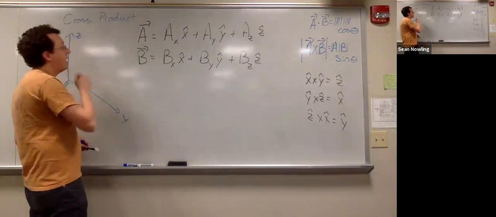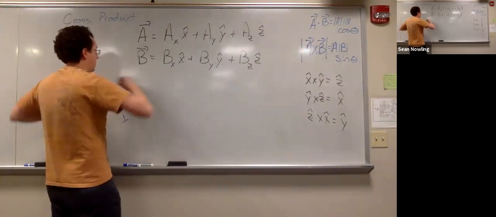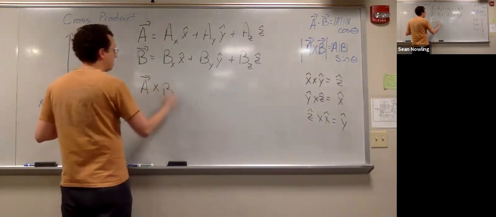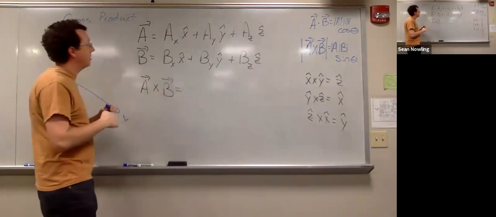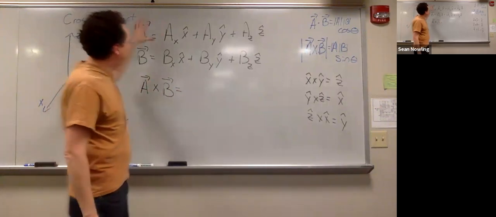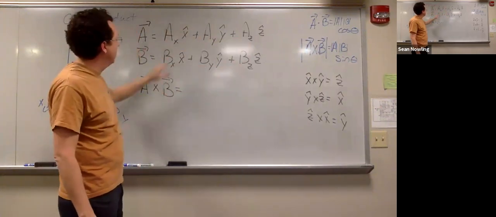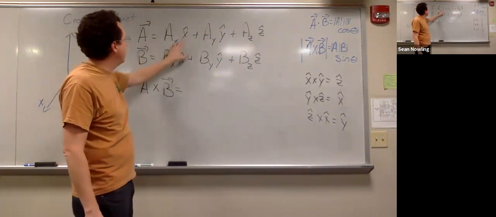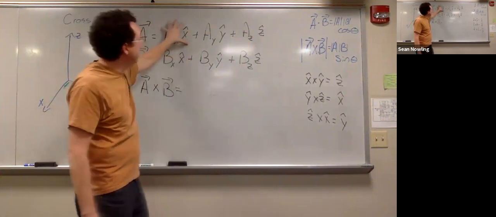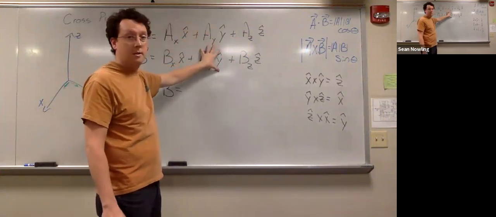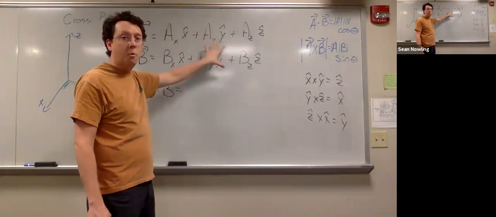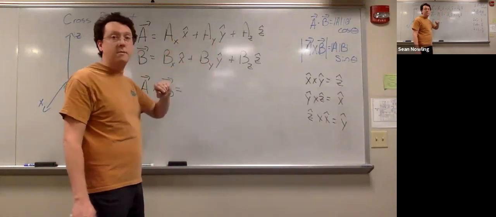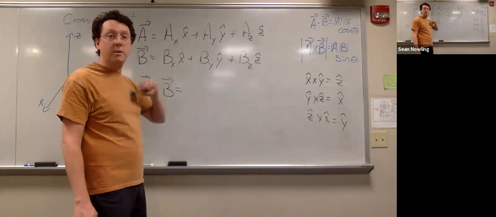So what's going to happen is I'm going to work out A cross B. Let's think about that. Whew, I've got to write them all down. Multiply them, and you distribute, and you get out every little bit here. You're going to end up with the x component of A times the y component of B. That's going to give you something with a positive z component, z hat.